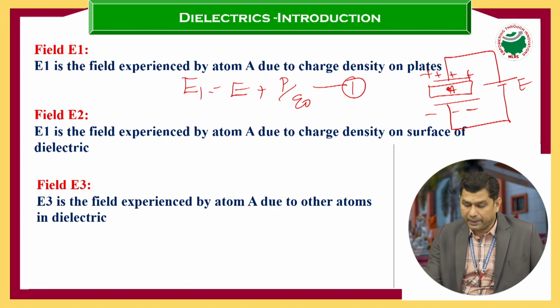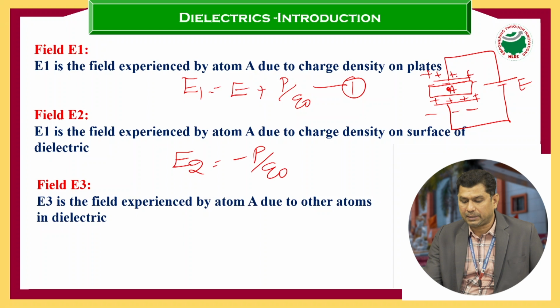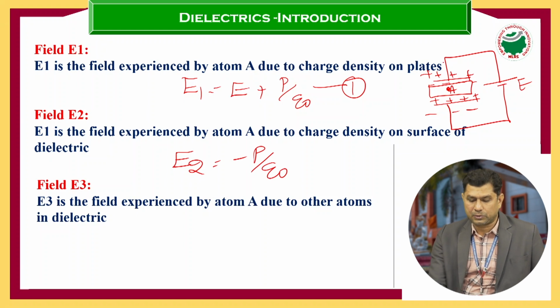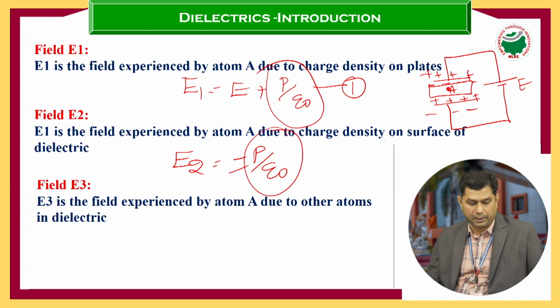E2 is the field experienced by this atom A due to the charges on the surface of the dielectric material. E2 is minus P by epsilon naught, because in the previous case positive charges are up, giving a positive polarization, and this time the charges here are negative, so the sign is negative.